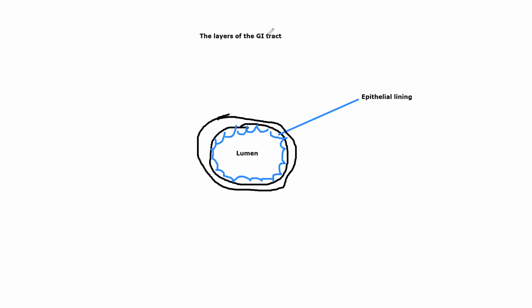And I'll put here in red a few dots which represent the small blood vessels and the small nerves that are present here. So let's do some in yellow, which are representing the tiny nerve endings.